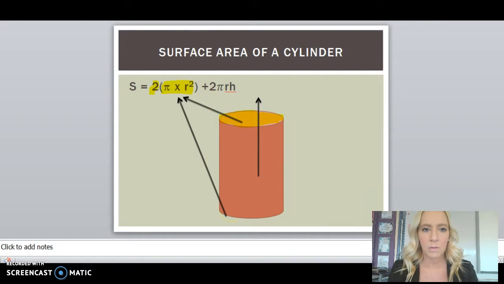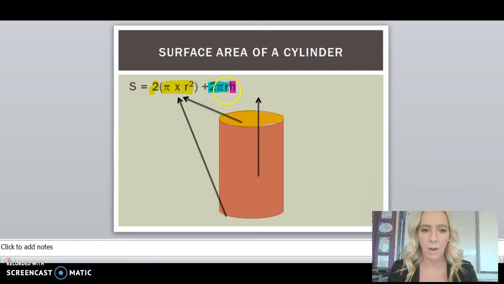Now the second part of the formula is 2 times pi times r times h. 2 pi r represents the circumference of the circle or of the cylinder. So we often see circumference as pi times diameter, but since we're focusing on radius, 2 times radius is the same thing as diameter.